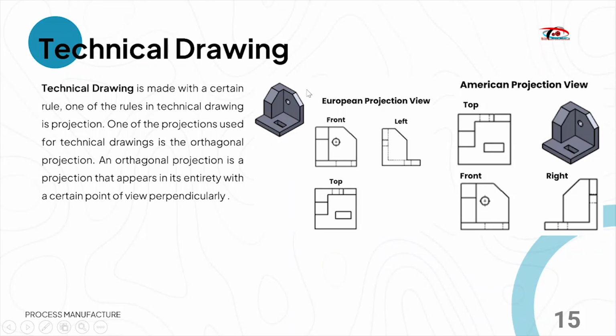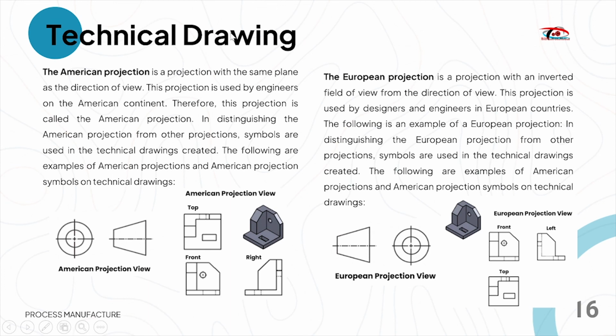So this is a technical drawing, like projection of the technical drawing. There are European projection and American projection. In this tutorial, we will use the American projection, which contains the isometric view, top view, front view, and right view. The difference between American and European is the symbol in here.